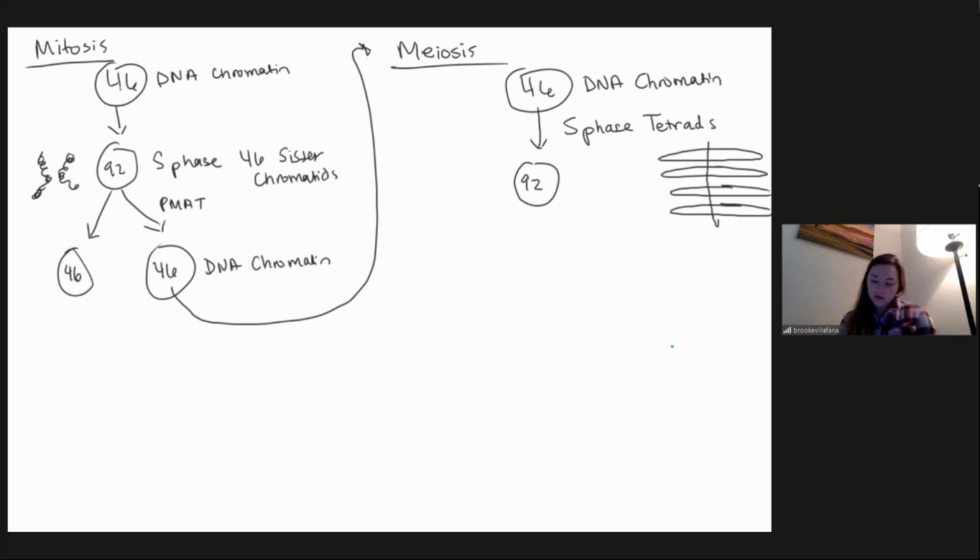So this comes in a group of 4, and they're still joined at a centromere, and then they each have a kinetochore. So there's going to be 23 tetrads, because 23 times 4 equals 92.